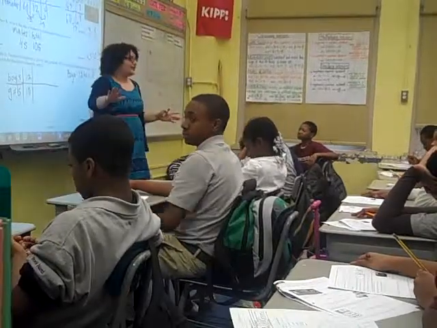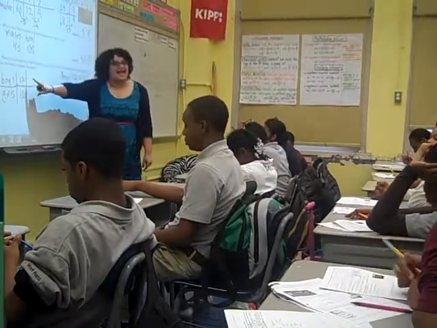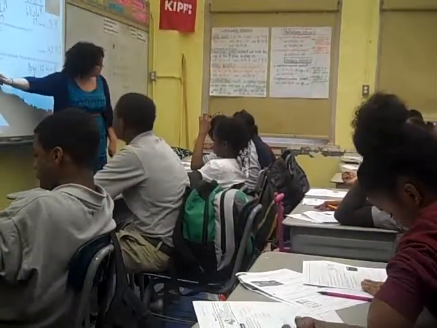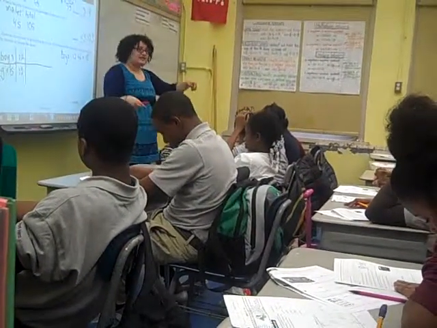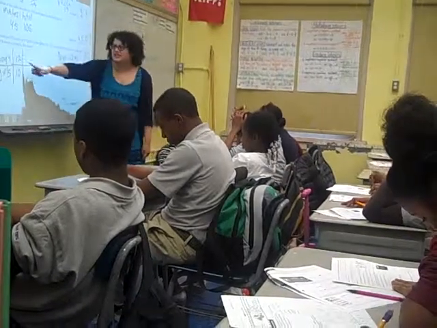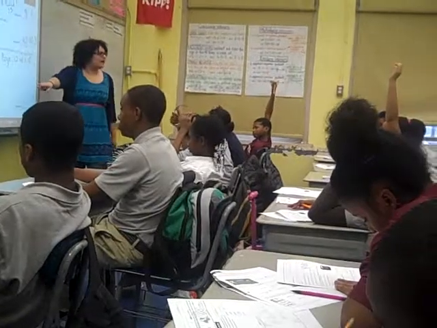Now, the cool thing about the ratio table is that you can make any equivalent ratio. So we can change the 12 over 10 to another equivalent ratio, and then see if the next ratio helps us to get to 18. So can someone tell me what's an equivalent ratio to 12 over 10? Jose?